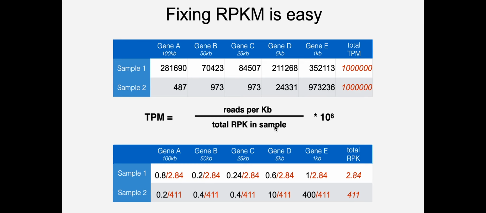So transcripts per million. That's exactly what we're talking about here. Very simple formula, a really simple way to get to them. And they now meet this criteria that the average relative molar concentration should be the same between two different samples if they're mapped to the same reference file. And there we go. There's the average, right? 1 million divided by 5 is 200,000. Same here.